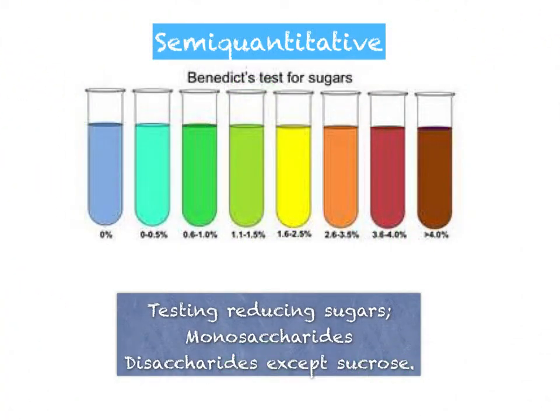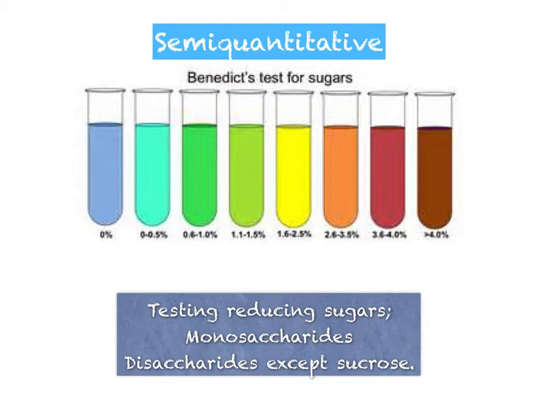Monosaccharides and disaccharides, with the exception of sucrose, are reducing sugars. They donate electrons or hydrogen to compounds, so they reduce the compounds and they are going to be oxidized.